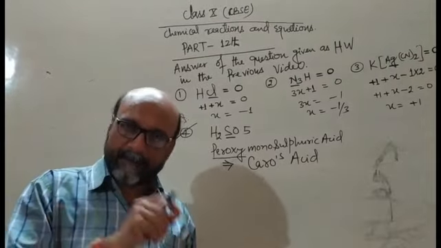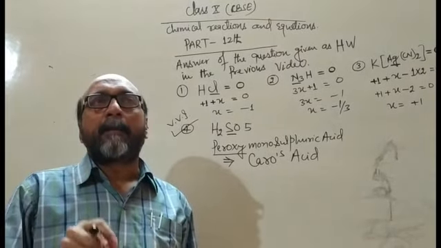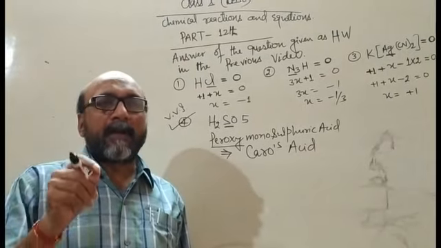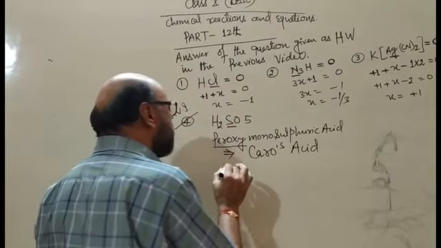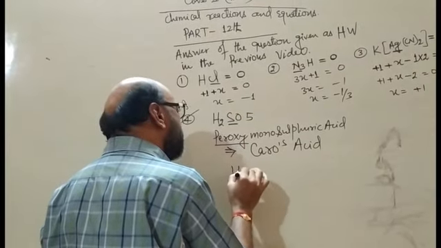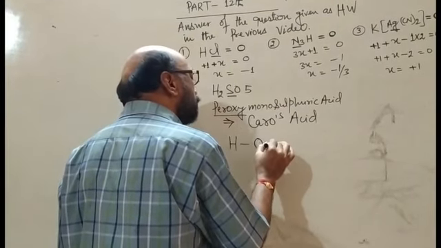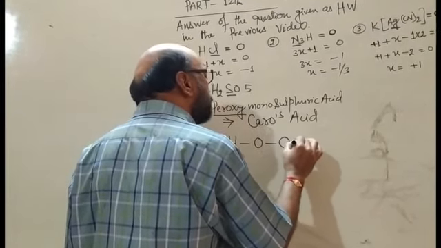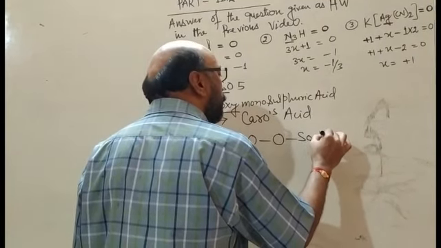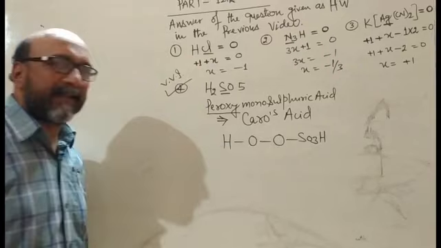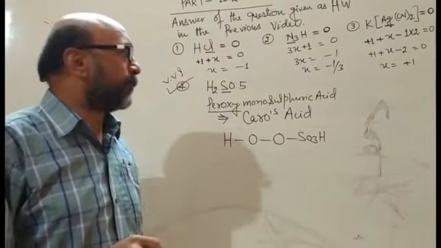And for that, I would like to make you understand the structure of this compound. The structure is hydrogen, single bond oxygen, and single bond sulfonic group. SO3H is called sulfonic group.